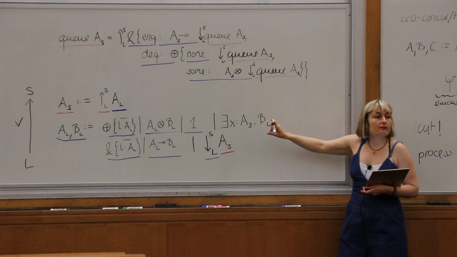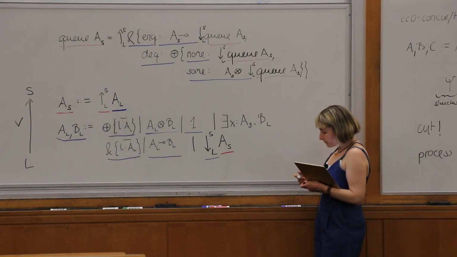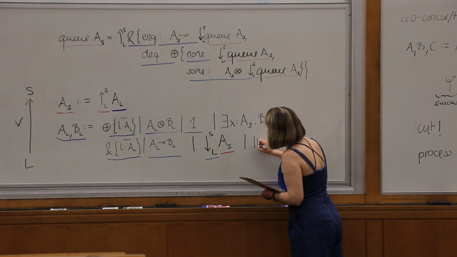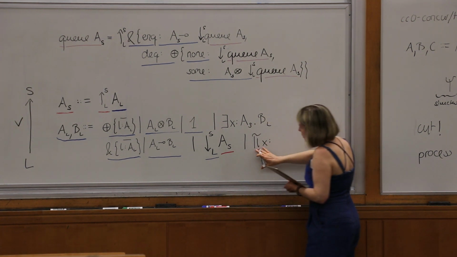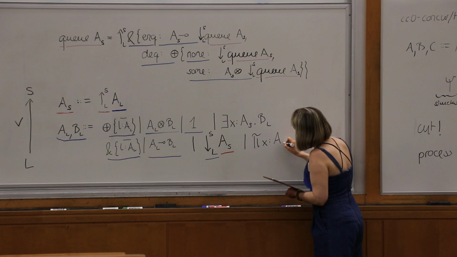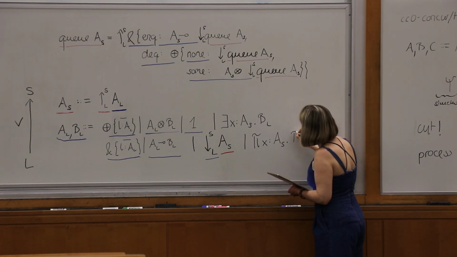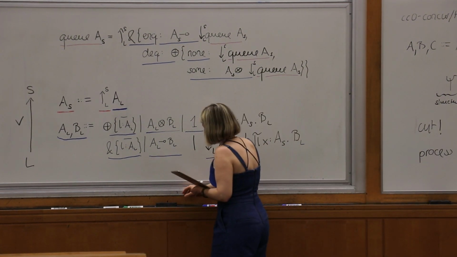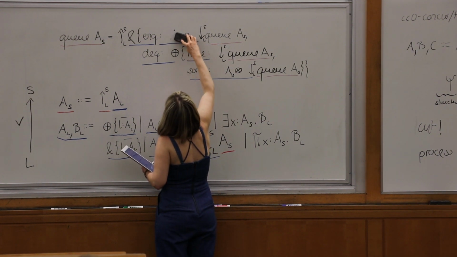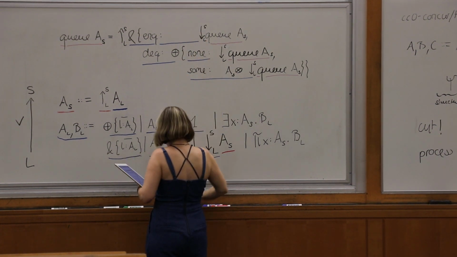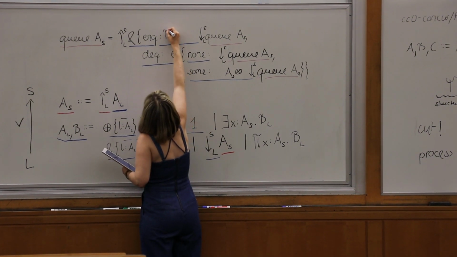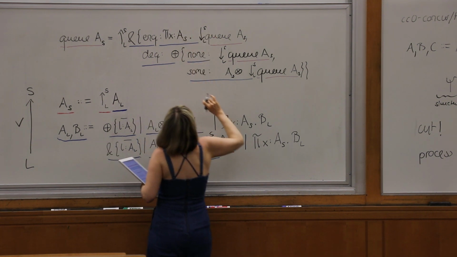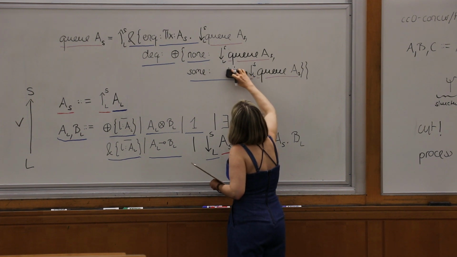It's just that we receive or send a shared channel. And then also down here, for the input, we use pi. So that's for an input of a shared channel A sub S, and we continue as a linear channel of B sub L, which now means also here we are going to use pi, and then we continue as the Q, and here we are going to use exists.